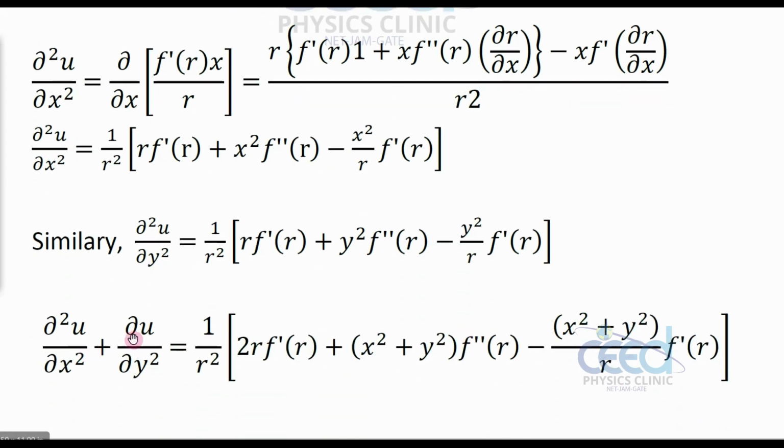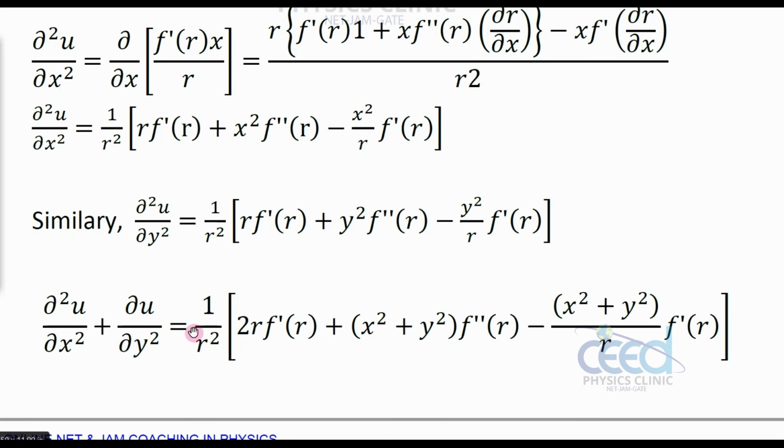Now see, if you add ∂²u/∂x² plus ∂²u/∂y², you can take 1/r² out, and the terms are 2r f'(r), plus (x² + y²) into f''(r), minus (x² + y²)/r into f'(r).